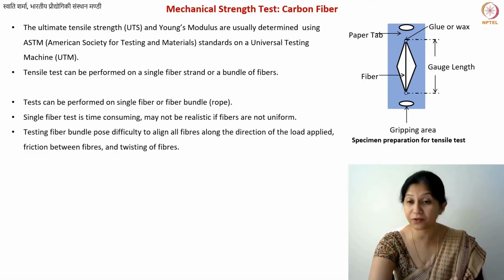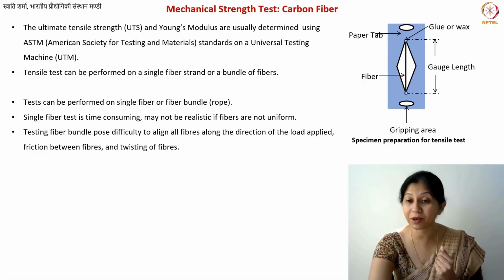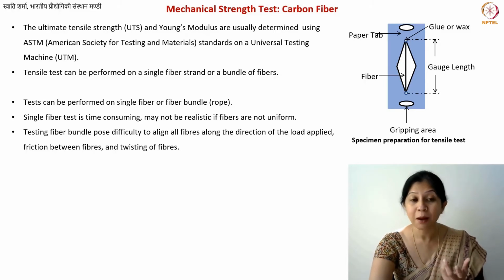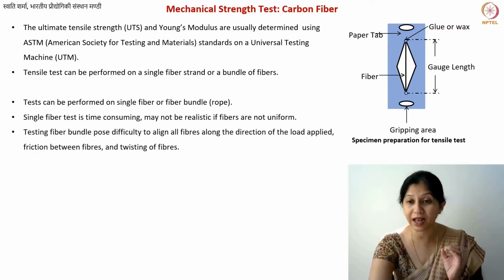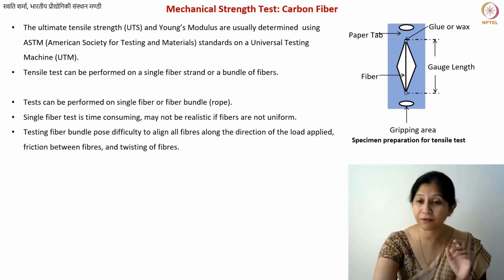Again, you can get rid of the friction by having some resin or some polymer between them, some sort of lubricant. But if you don't want to have the lubricant and you want to test the properties of your virgin fibers, you may end up having some friction between the fibers. So these are some of the problems with the bundles, but then you need to choose what is important for you.